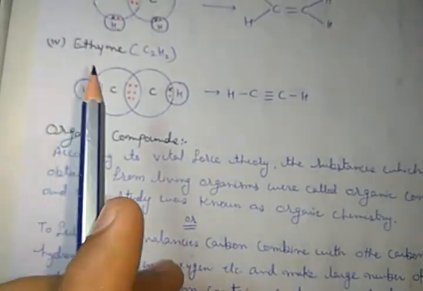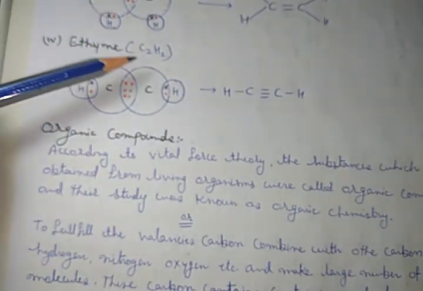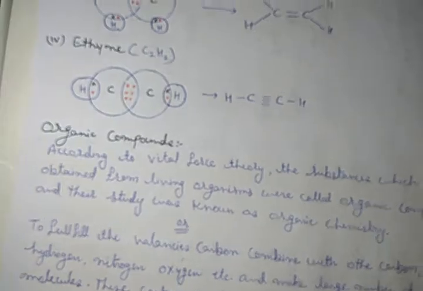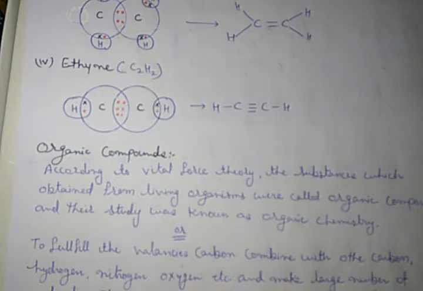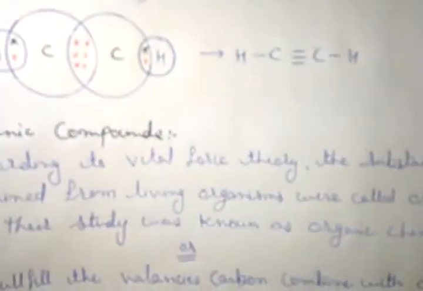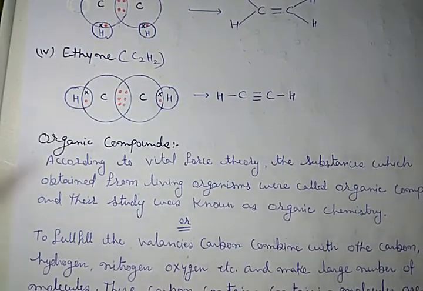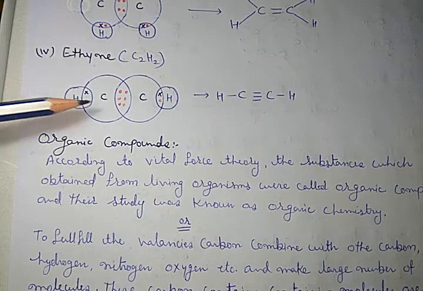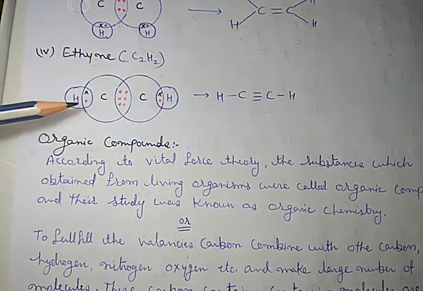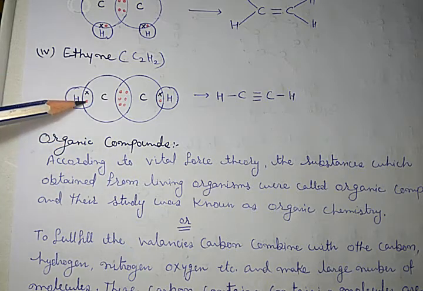Okay. Now the third one, that is ethene. Ethyne, sorry. Ethene we discussed. The fourth one is ethyne, that is C2H2, where one hydrogen is present on each carbon, so they make a single bond.